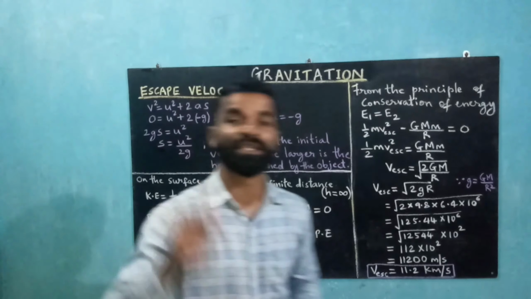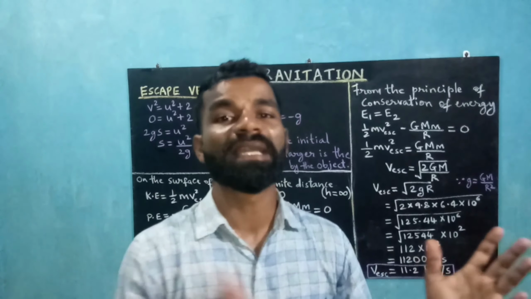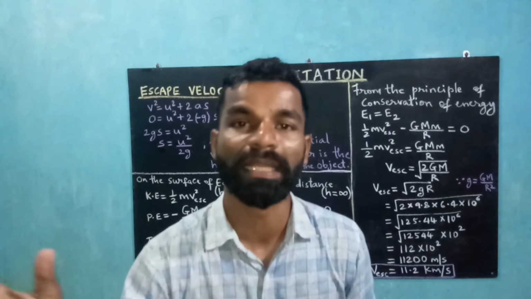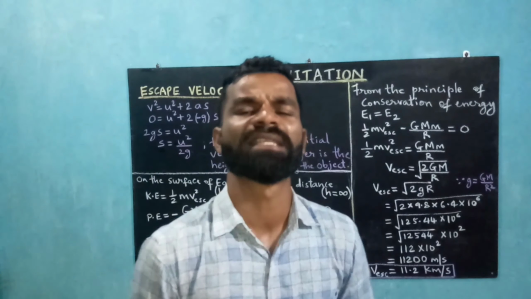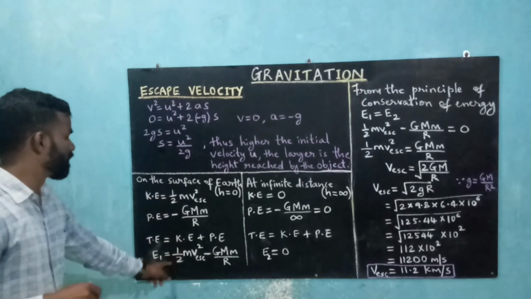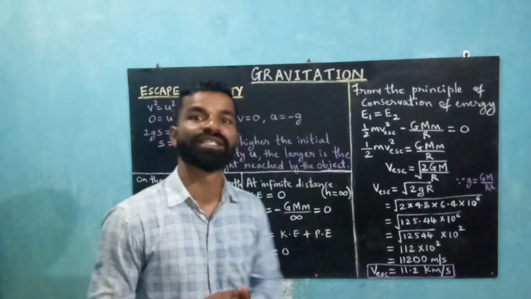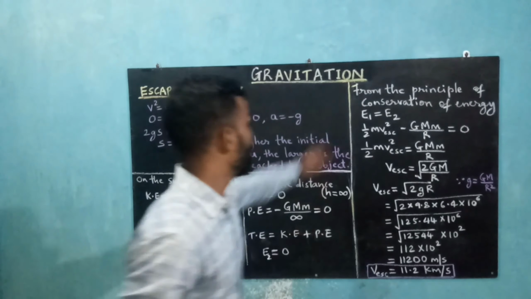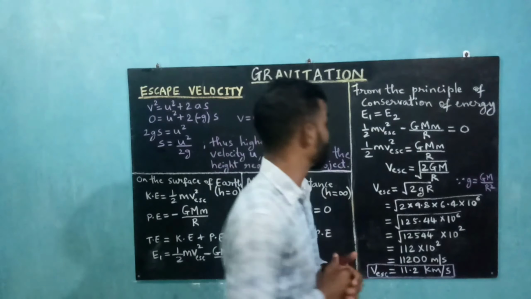Now the law of conservation of energy: energy can neither be created nor destroyed, but it can be converted from one form to another. Total energy in the universe remains constant. That means the energy on the surface of the earth, E1, will be equal to the energy at infinite distance, E2. So E1 equals E2 by the law of conservation of energy.